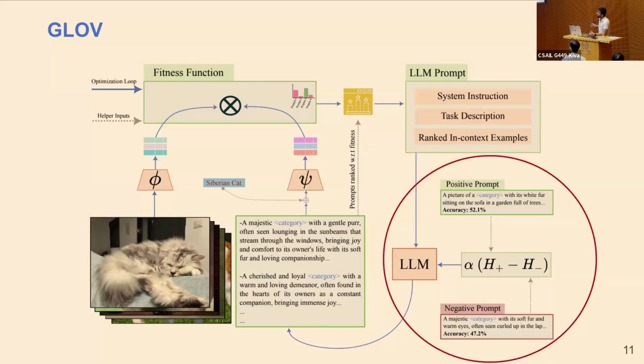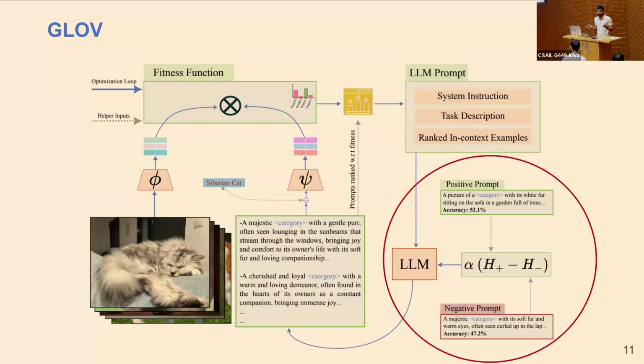We choose a better accuracy prompt. For example, in this case, this is the better accuracy prompt giving me 52.1% accuracy. This is the lower accuracy prompt giving me 47.2% accuracy. This accuracy comes on the held out train set, which is this one-shot train set. Now we just have to get these sentence embeddings.